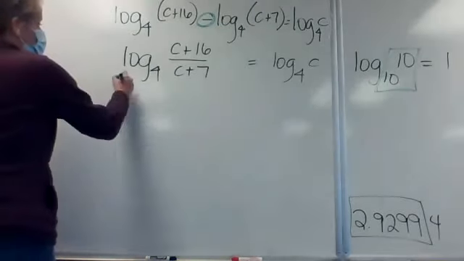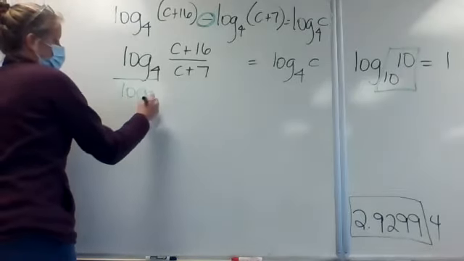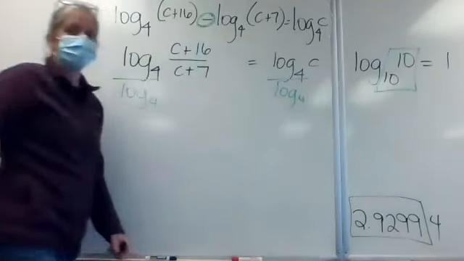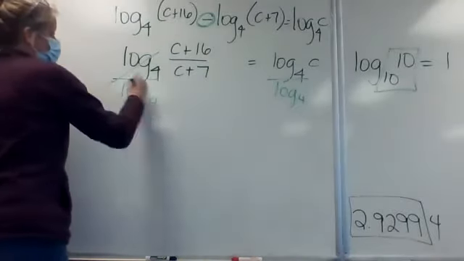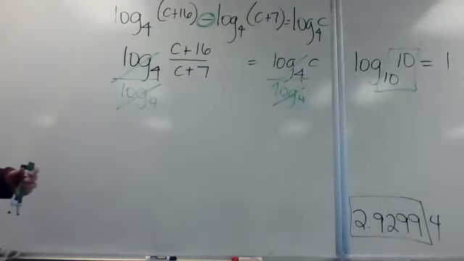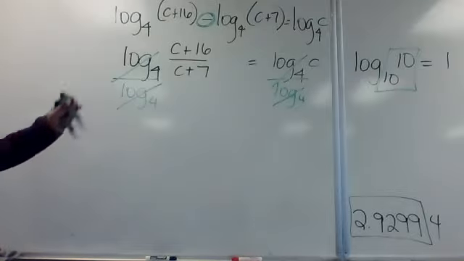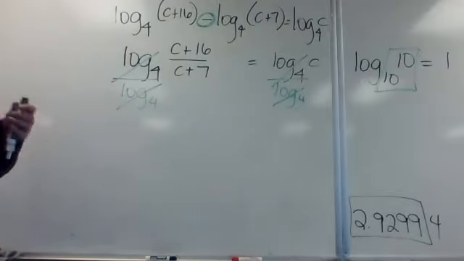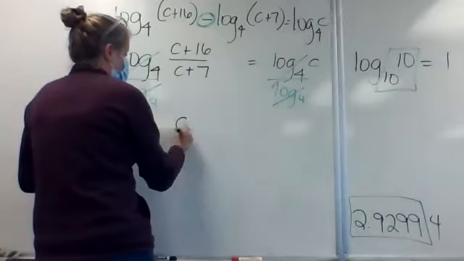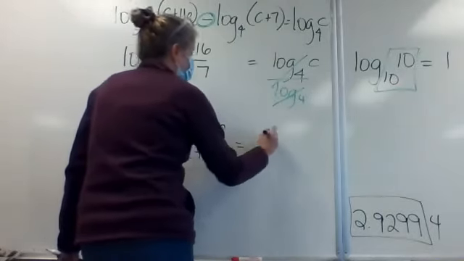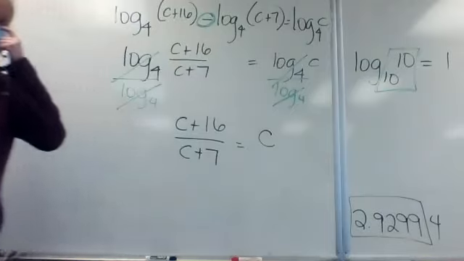So why not just divide both sides by log base 4 to cancel them? So if you have logs on both sides, just divide them out. And you're left with c plus 16 over c plus 7 equals c.